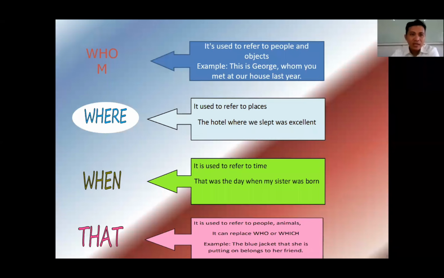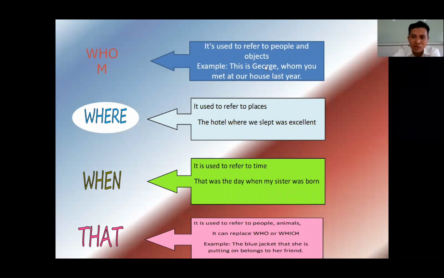Okay, so we move on. The next is whom. Whom is used to refer to people and objects. Example: This is George, whom you met at her house last year. Whom here is a relative pronoun, and it replaces George, because the sentence has a subject, you, and a verb, met, but doesn't have an object.